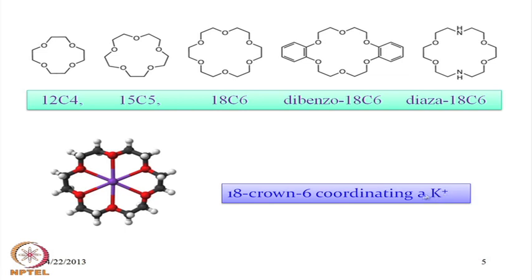So, when potassium ion is coordinating with 18 crown 6, we have this particular one which is 18 crown 6. So, potassium is sitting over here and 6 oxygen atoms are binding to this particular potassium, because this cavity size is matching very much with that of our potassium ion. And this particular geometry is also fulfilling the corresponding Packard movement from one side, this is up, this is down, this is down, this is up, to make a corresponding 3-dimensional structure.